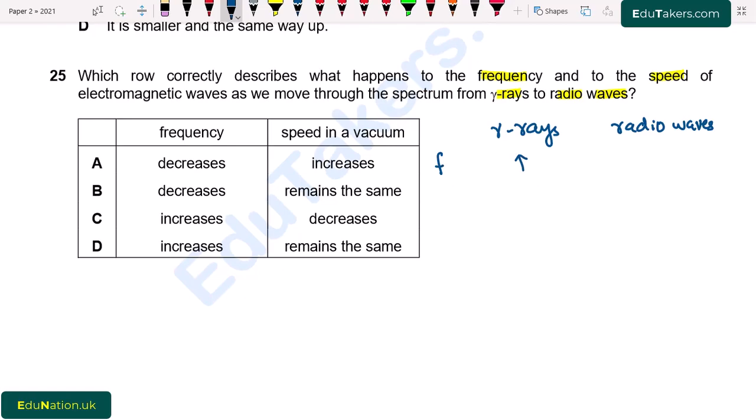The frequency of gamma rays is very large, while the frequency of radio waves is small. Also, the wavelength of gamma rays is small, while the wavelength of radio waves is large, but the speed remains the same. All of these rays move with the speed of light, so it remains the same.